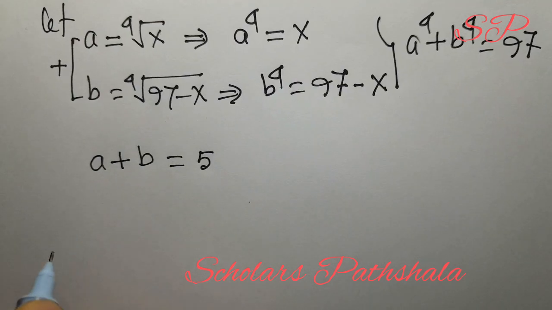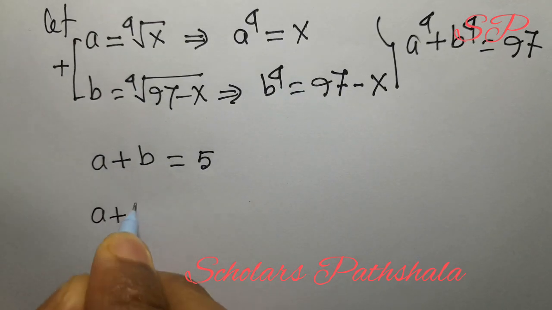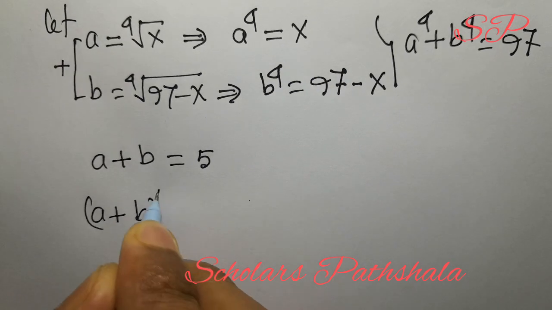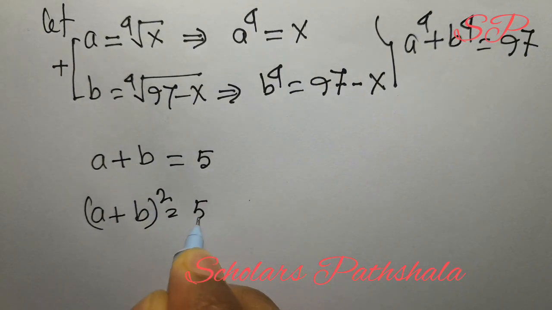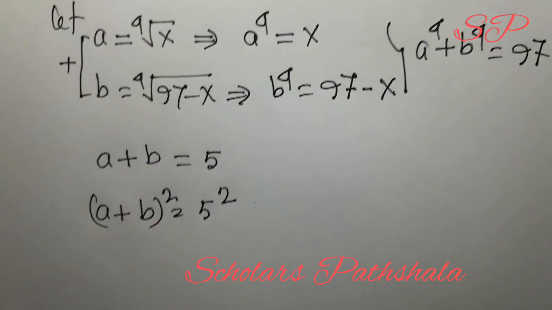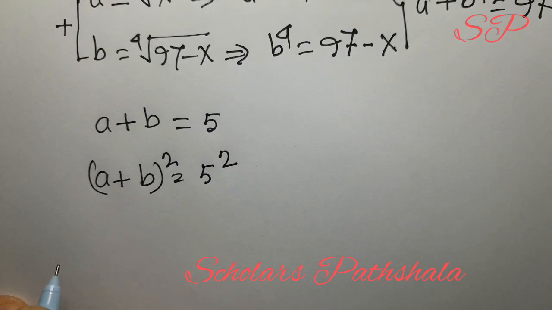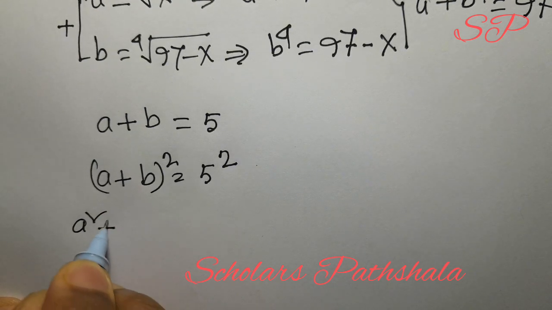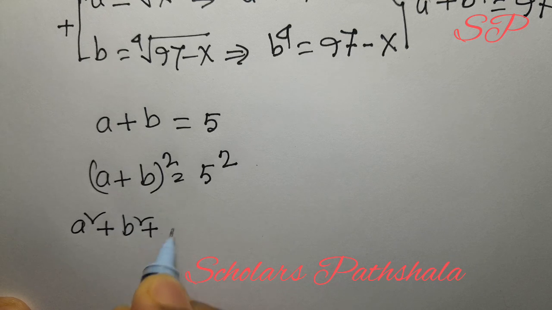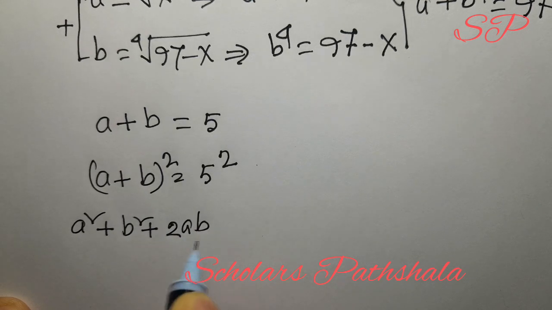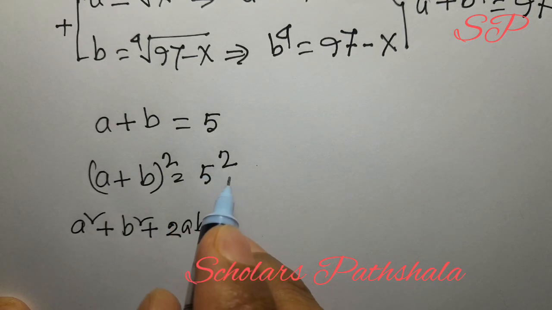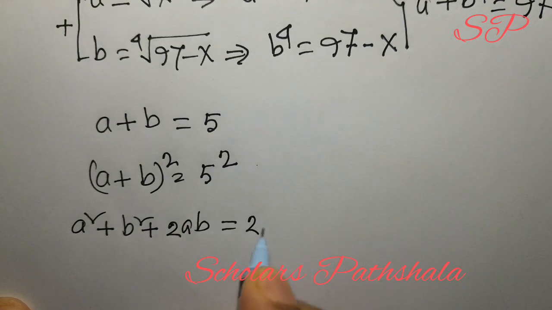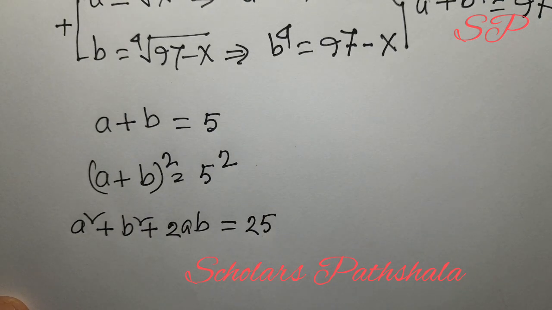We can write here a plus b all squared is equal to 5 squared. Okay, we can use the formula a square plus b square plus 2ab is equal to 5 square, means 25.